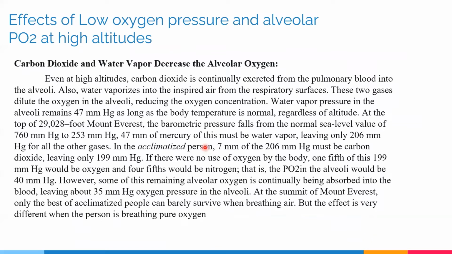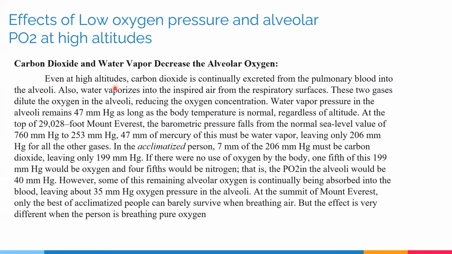So what exactly is the effect of the low oxygen or the hypoxic condition is what we will look into in this slide. Thus, we will look into the effects of low oxygen pressure and alveolar PO2s or partial pressure of oxygen at high altitudes. The carbon dioxide and water vapor present in the air decrease the alveolar oxygen.